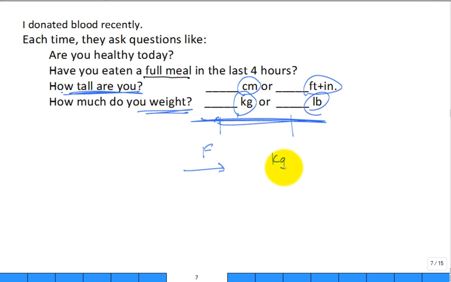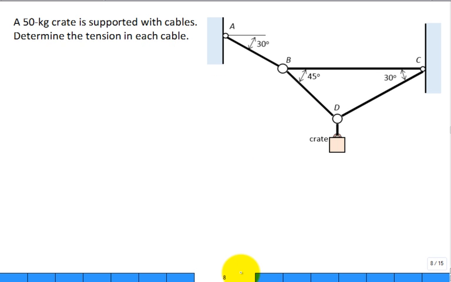I mean, they don't put it on a scale and measure its weight in newtons. They put it on a mass balance scale and sell it in kilos. Or I put my body on a scale and I balance it and I tell you my mass, but they say weight in kilos.